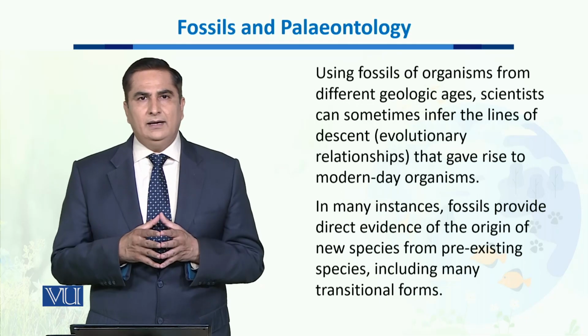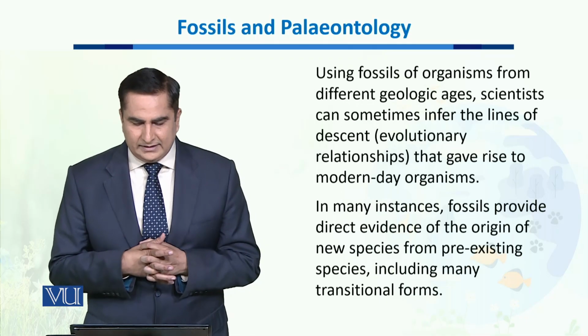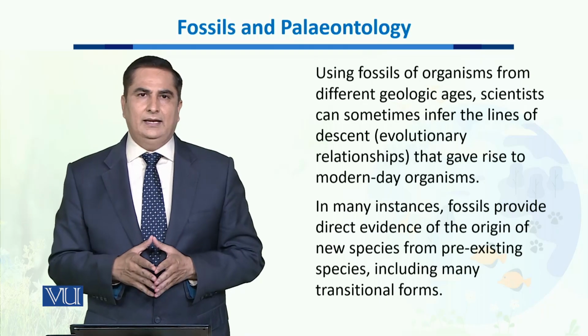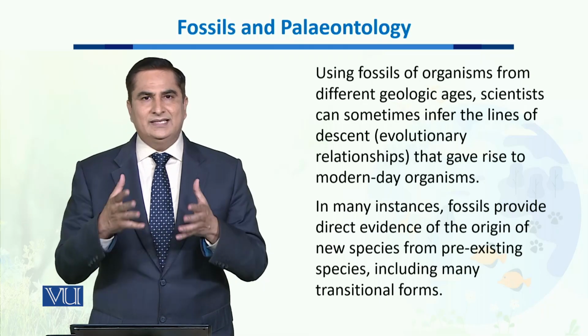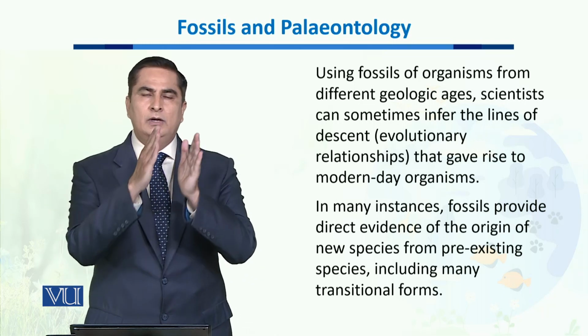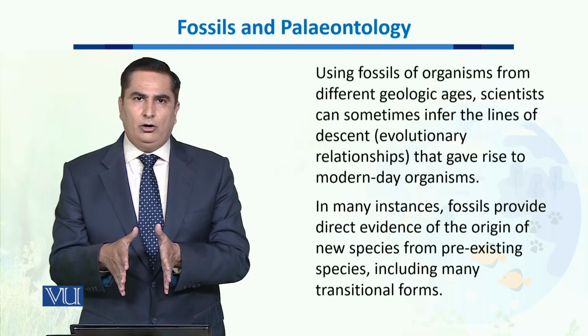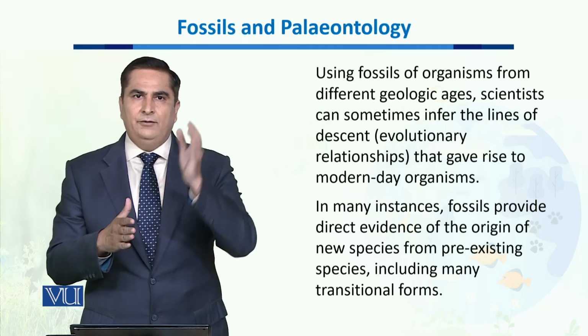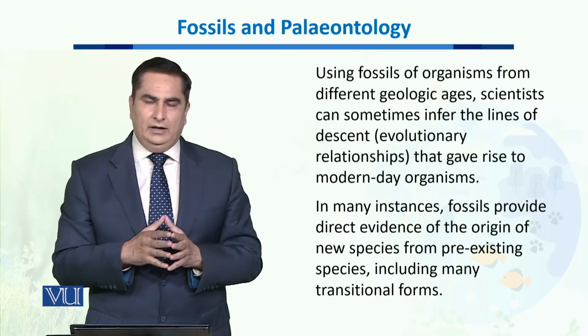Now, using fossils of organisms from different geological rocks and geological ages, scientists can sometimes infer the line of descent, meaning how a current or modern day organism has descended from an ancestral line.